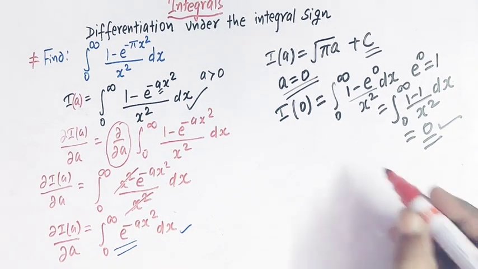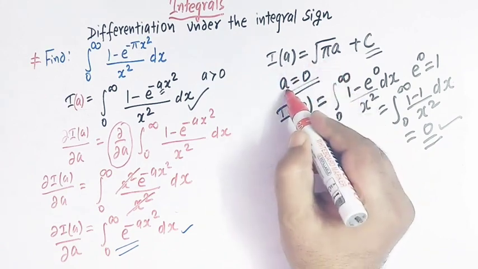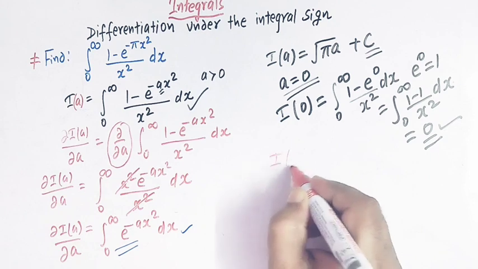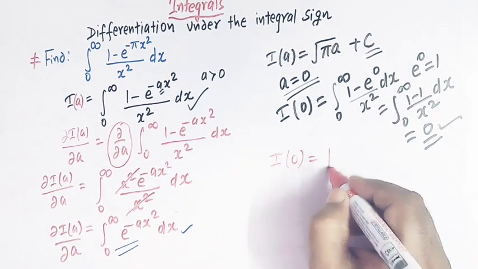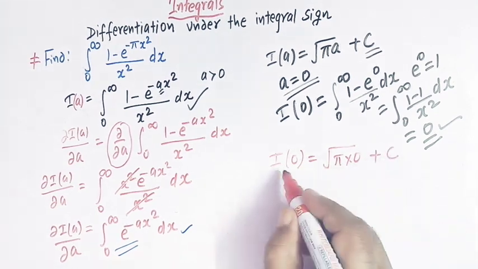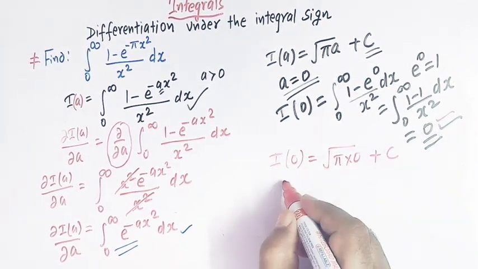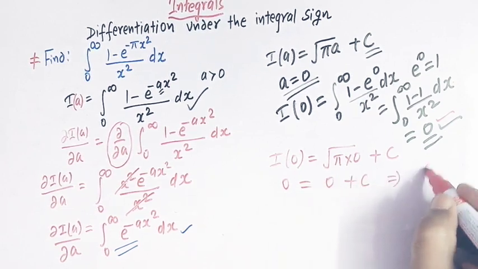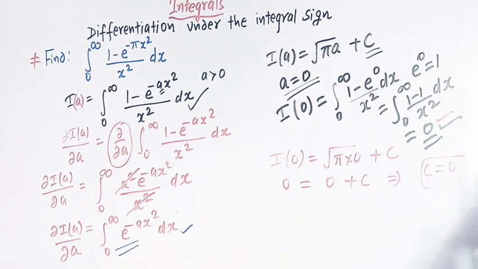So now here taking a is equal to 0, we have I(0) is equal to square root of pi times 0 plus c. So I(0) is 0, so we have 0 is equal to 0 plus c. So this implies that c is equal to 0, right?